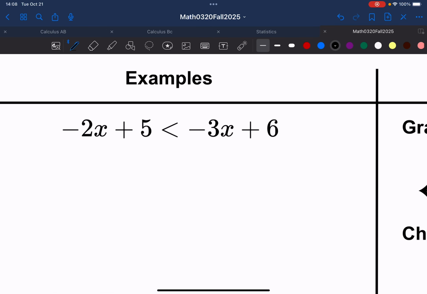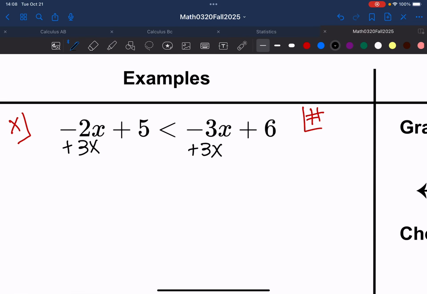notice how I have negative 2x plus 5 less than negative 3x plus 6. Here, I don't have my variables all on one side. I don't have it solved for x, so I have to solve it first. And so for here, I'm going to make sure my x's are on this side and my numbers are on that side. Okay? So in order to move all my x's to the left, I'm going to add 3x over. This becomes x.